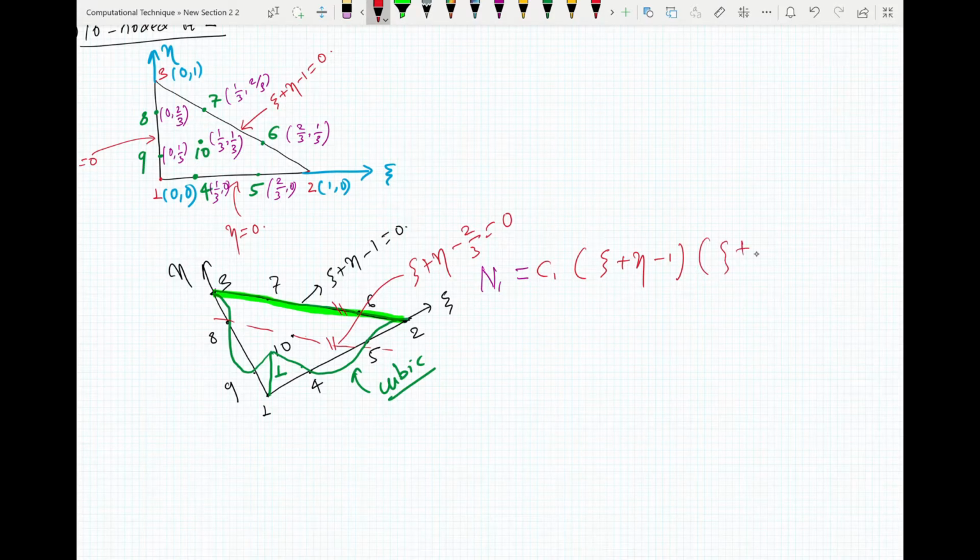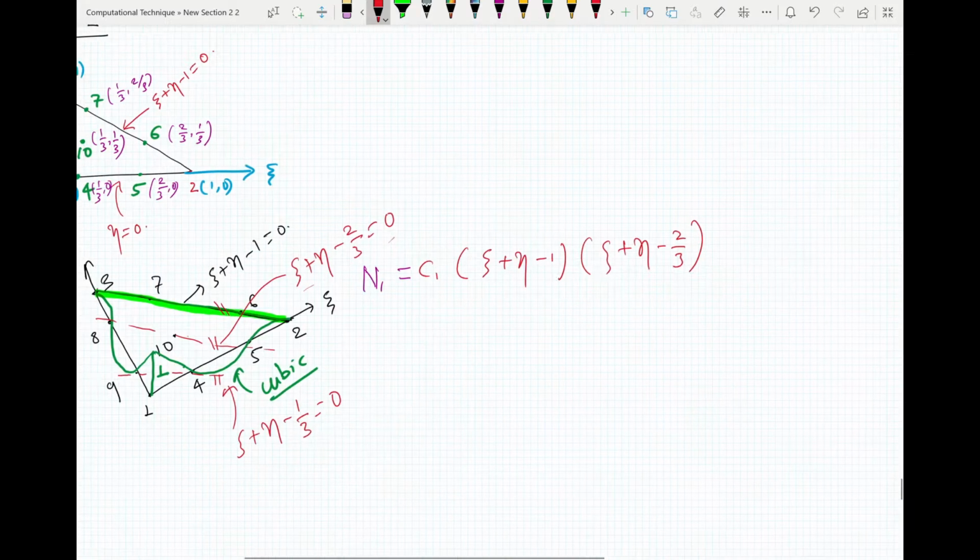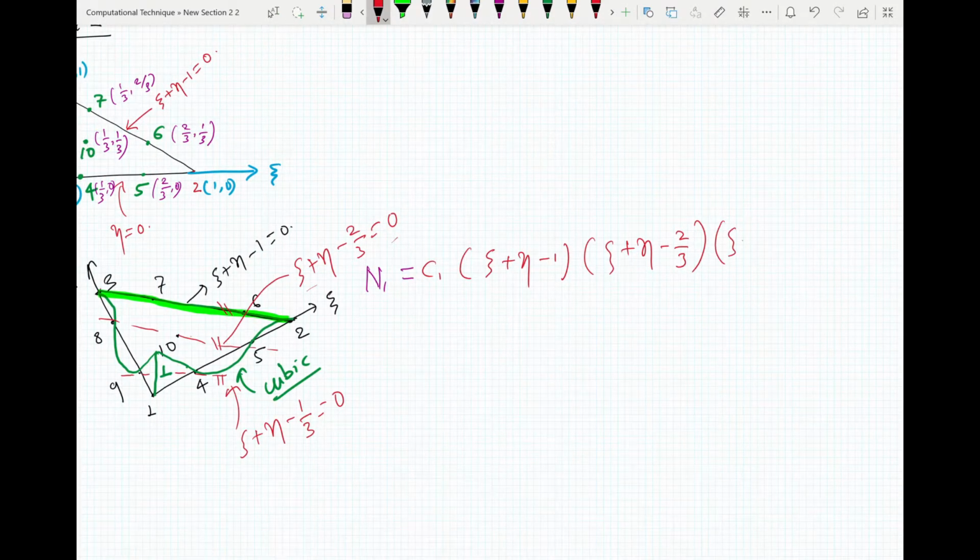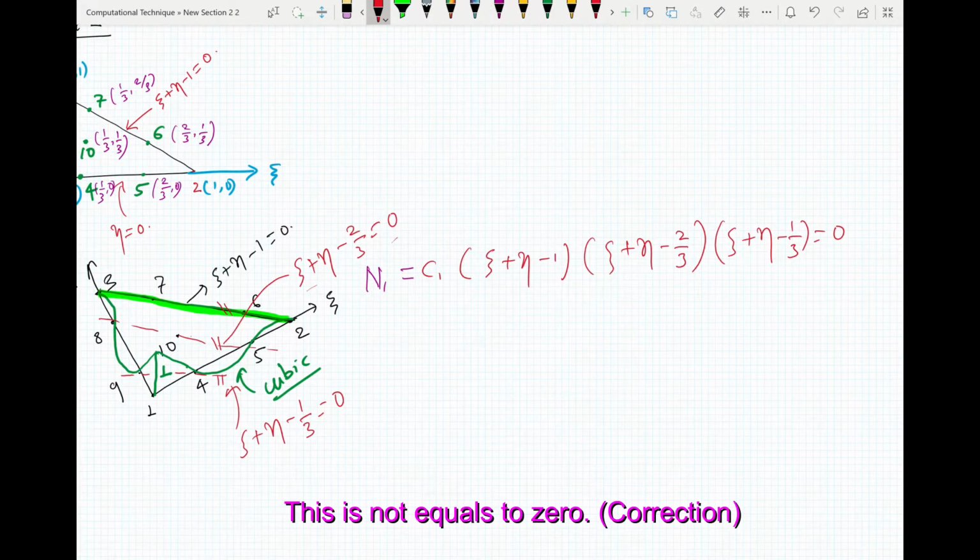So we have to include one more term here, minus 2 by 3. And then we have another one right here which connects 9 and 4. This is also parallel to this one. So it will be xi plus eta minus 1 by 3 equals to 0. And then we have to add one more here.